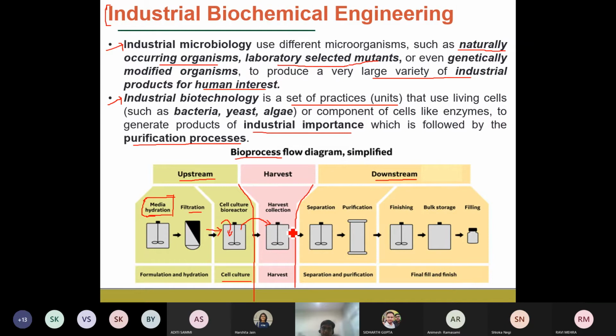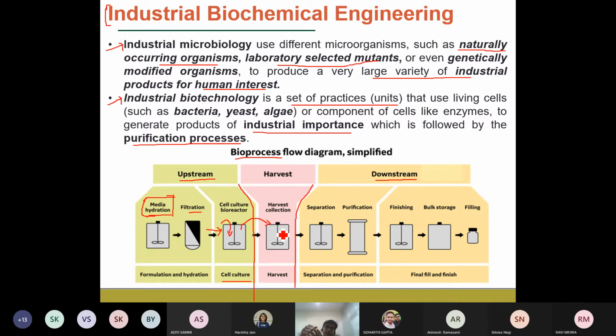But once this desired biochemical is produced, what is happening in the fermenter? It can be of two types: either the targeted biochemical is inside the cells, or it is coming out from the microorganism.